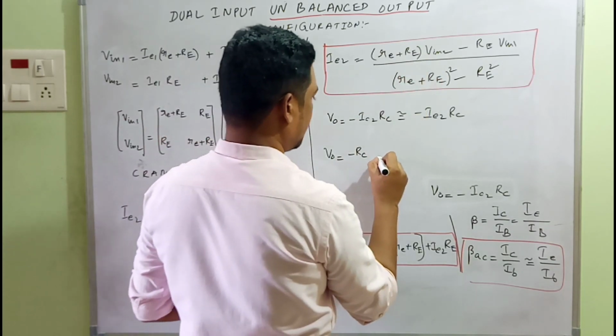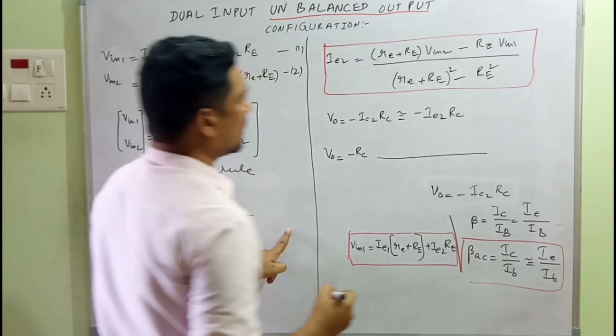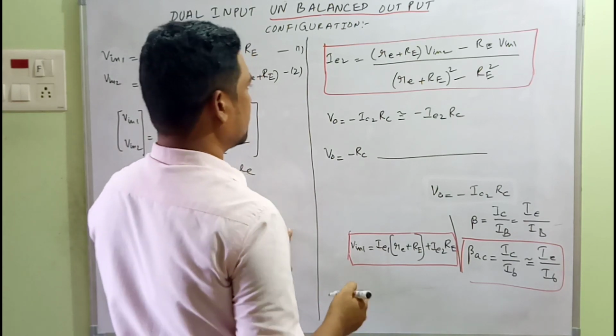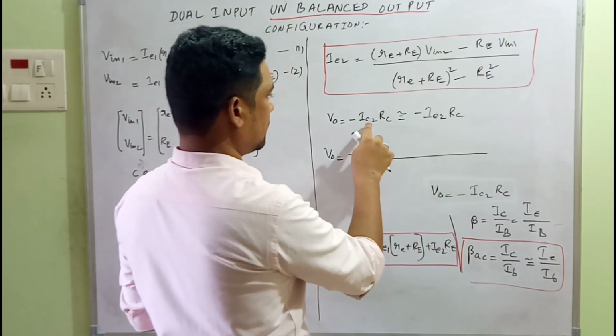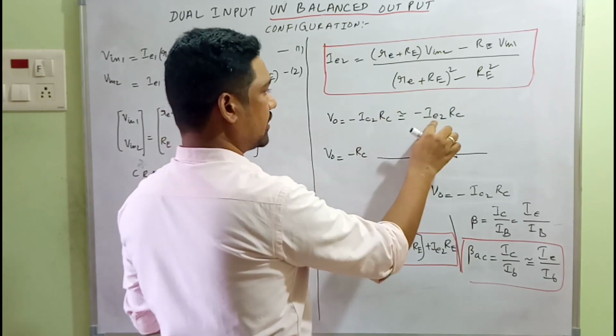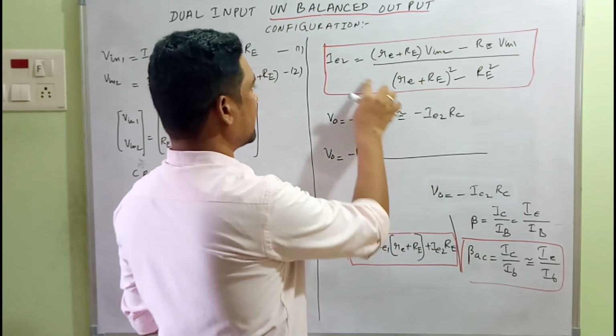And guys, a small transformation over here. No transformation here, so let me go ahead. IC2 can be plugged in with IE2, and the expression for IE2 I have over here.